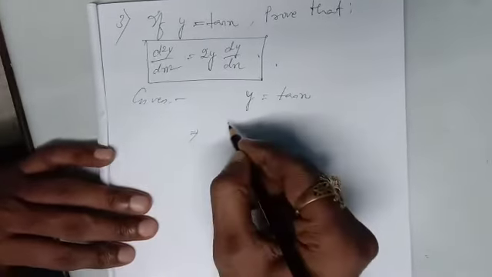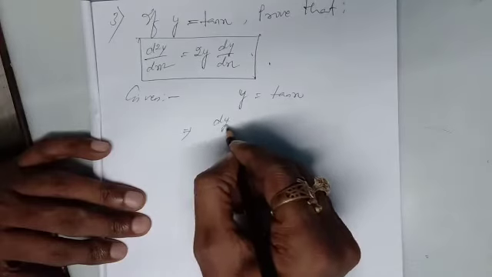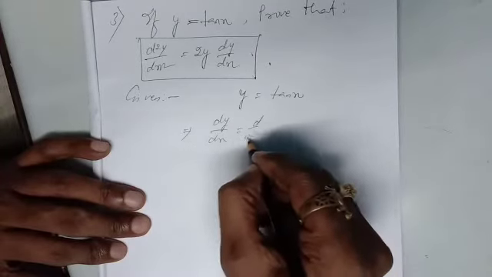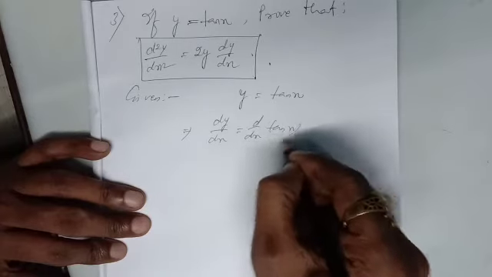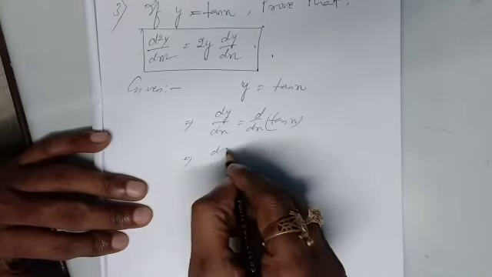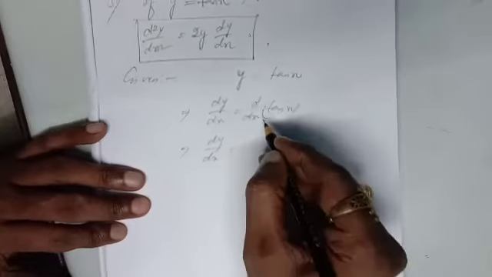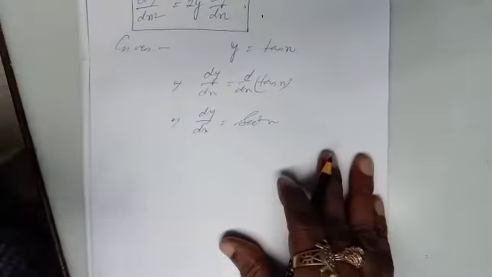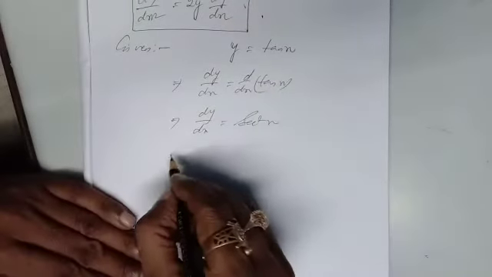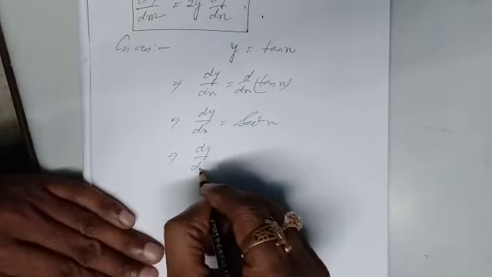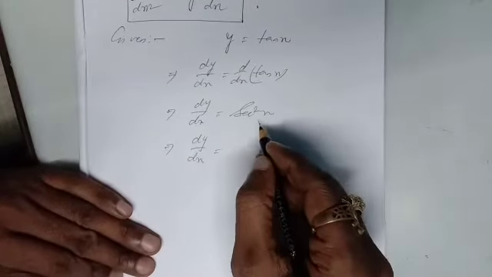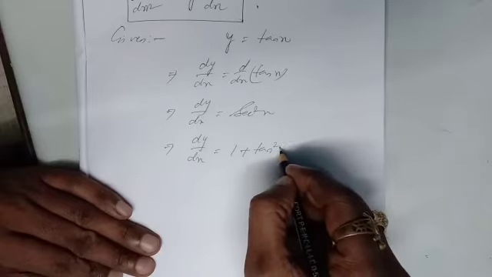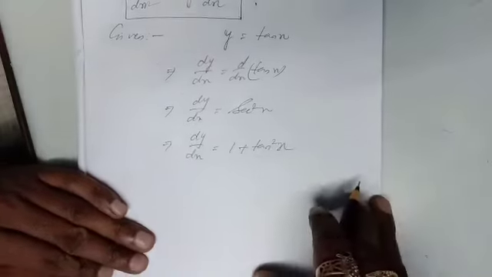Differentiating both sides with respect to x, what will you get here? dy by dx will be the derivative of tan x, that is sec square x. I have written it here. Using the trigonometrical formula, sec square x is equal to 1 plus tan square x.